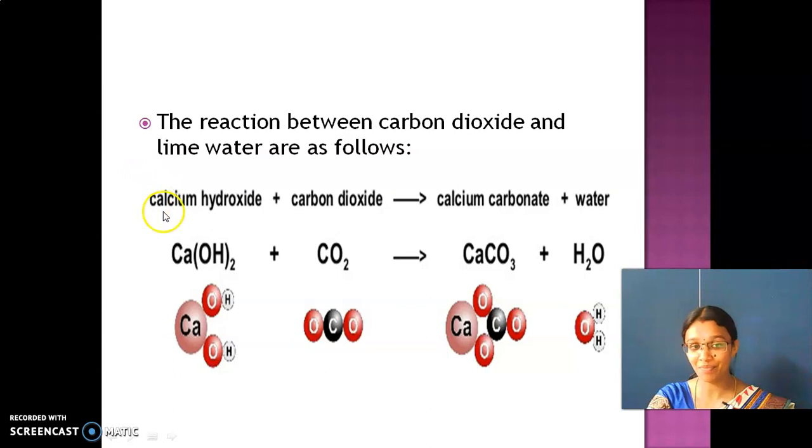For calcium, Ca. For hydroxide, OH. And for carbon dioxide, 2 oxygen, so we have CO2. When this reacts, what happens?